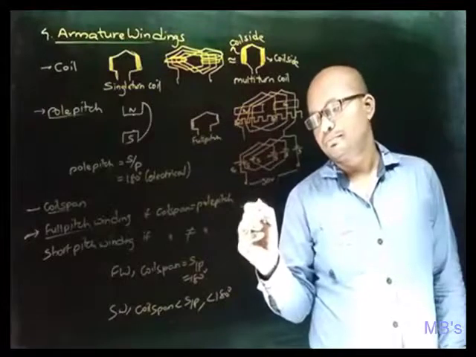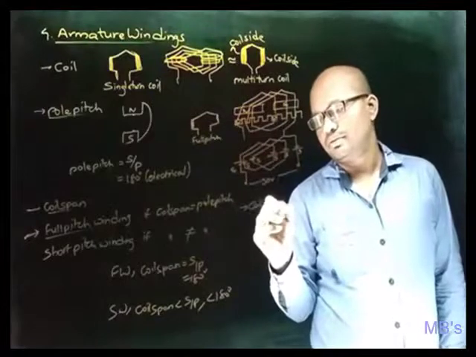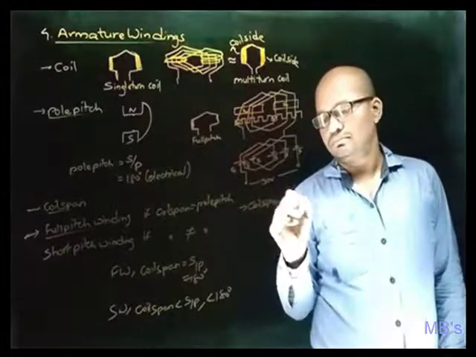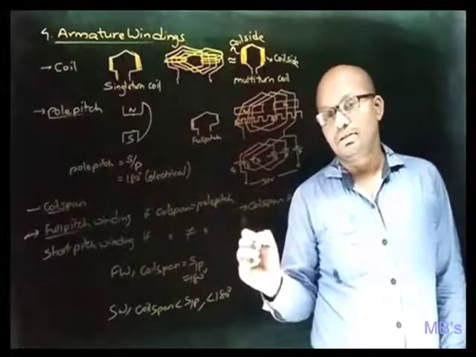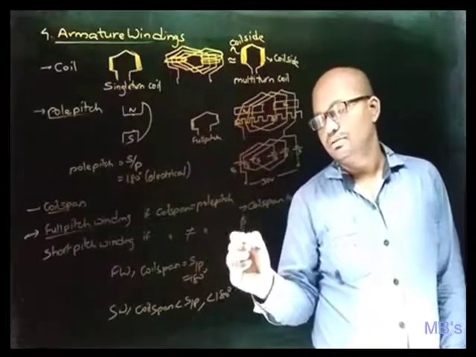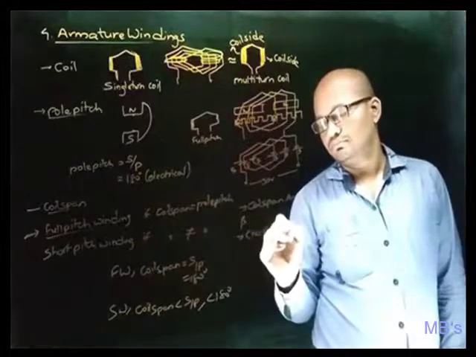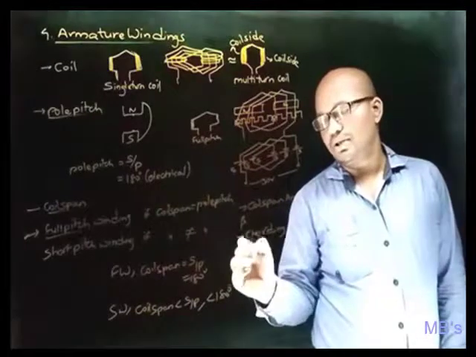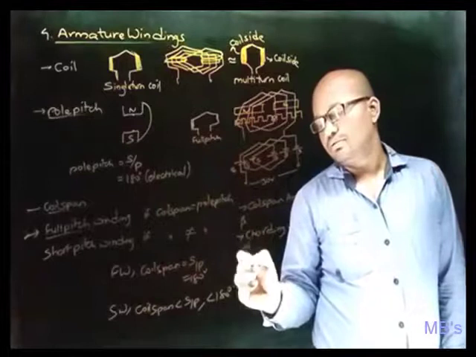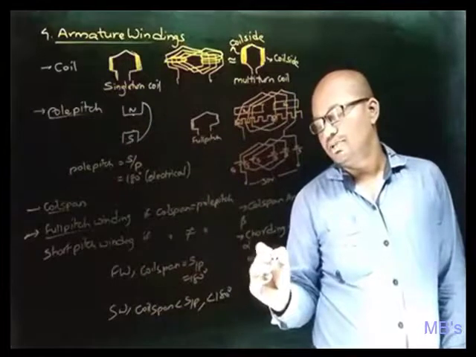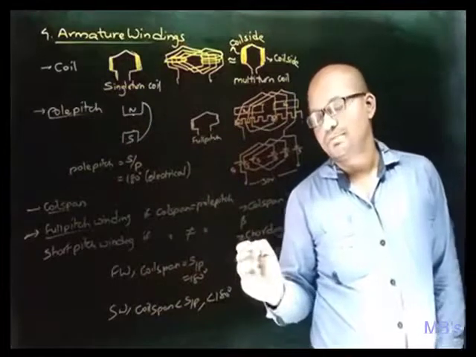Next, coil span angle represented by beta, and chording angle represented by alpha. So alpha plus beta is equal to 180 degrees.